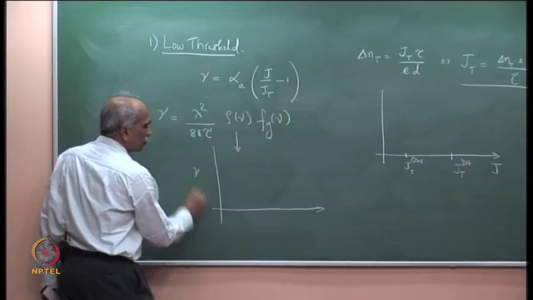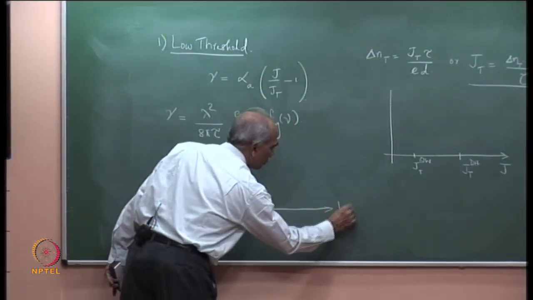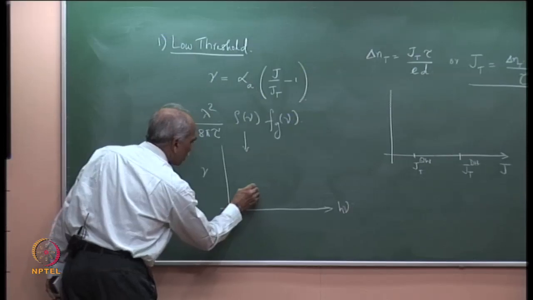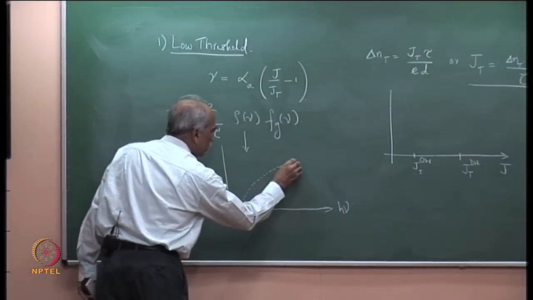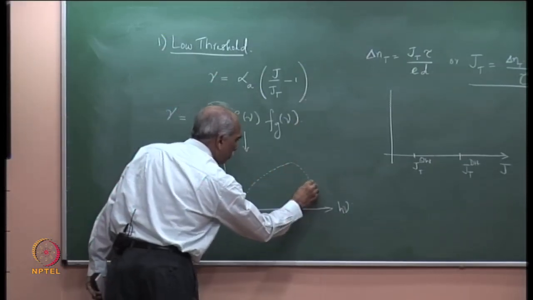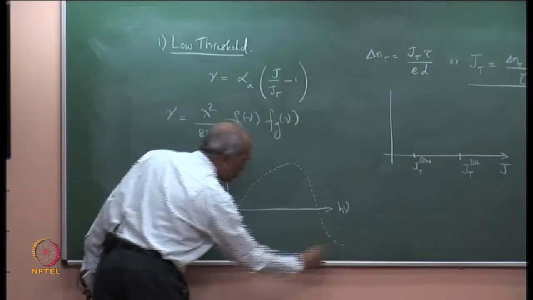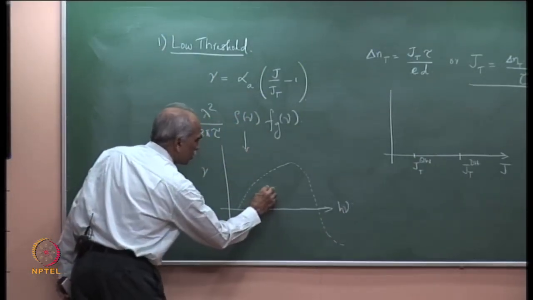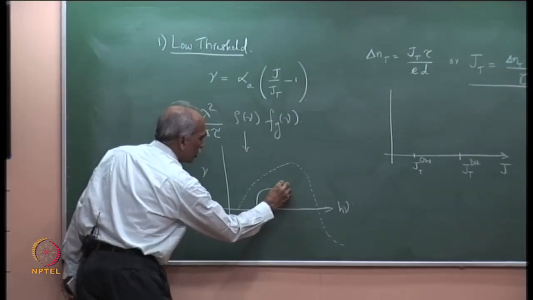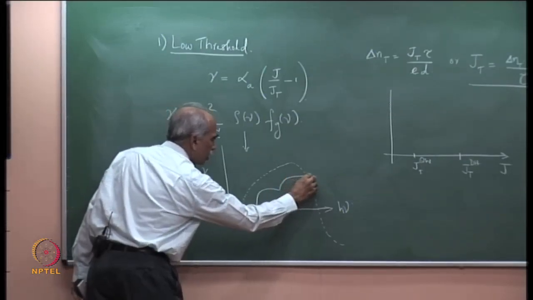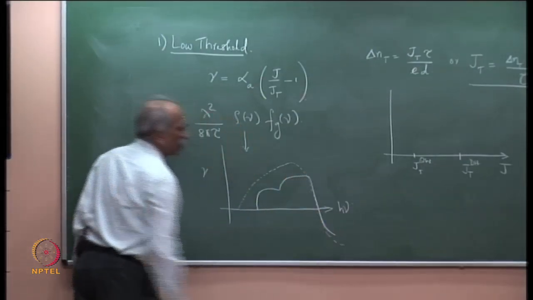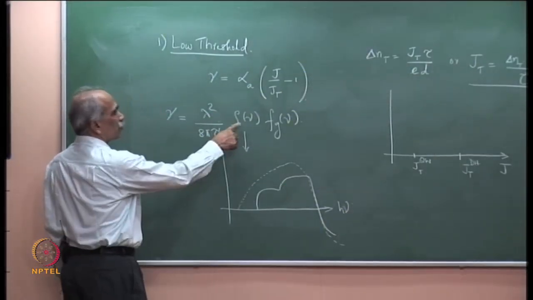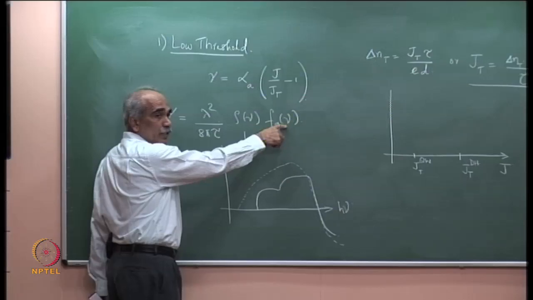So, gamma versus energy h nu we had plotted. For the bulk, if you recall, it was varying like this. Then for the quantum well structure, it was step like, because gamma was a product of rho nu and Fg of nu.